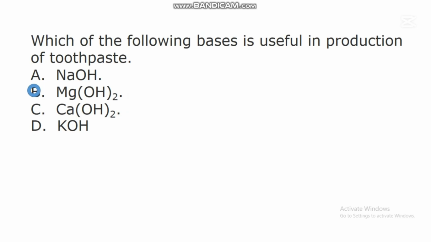Magnesium hydroxide is a base that is highly useful in production of toothpaste. Studies have shown that it plays a great role in the synthesis of toothpaste. It's one of the ingredients that scientists use in production of toothpaste.